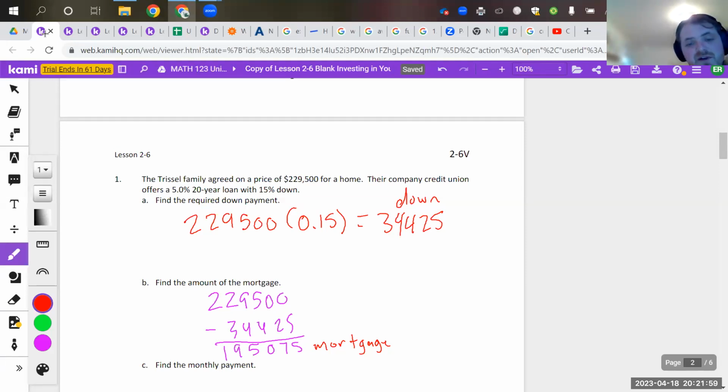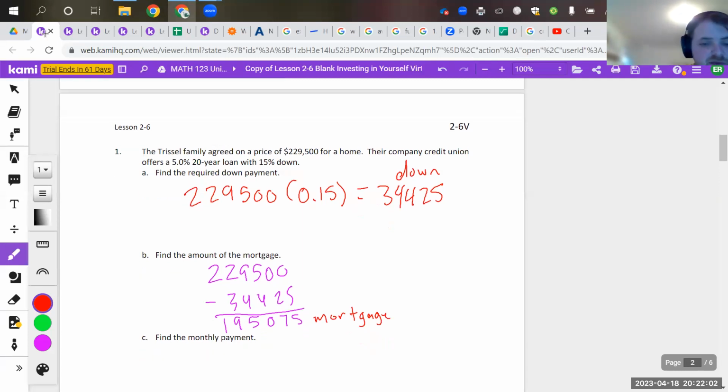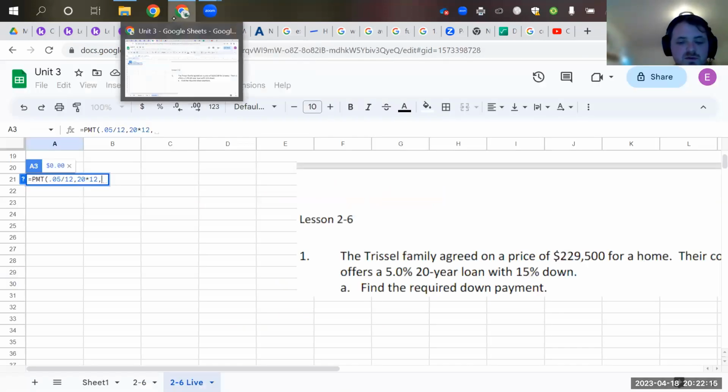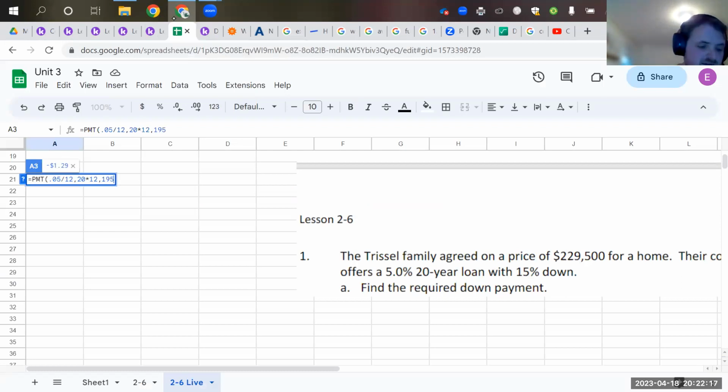Now, this is where the PMT function comes in, so that monthly payment is =PMT in Excel or Google Sheets. Okay, so I'm going to jump back over there. So the mortgage is $195,075.